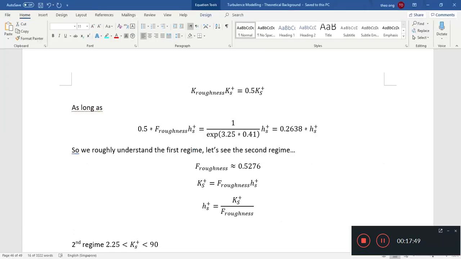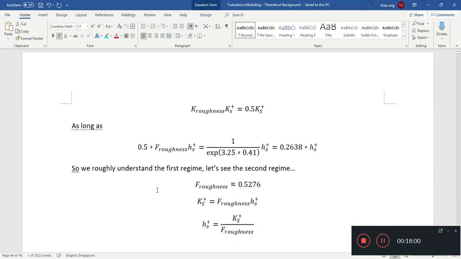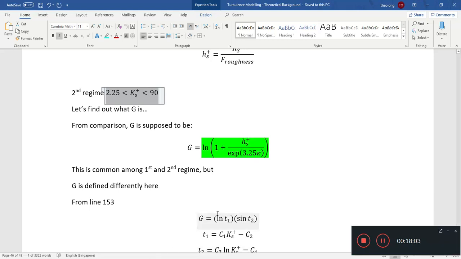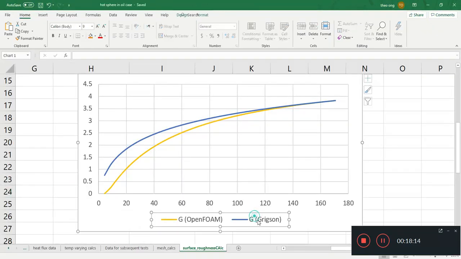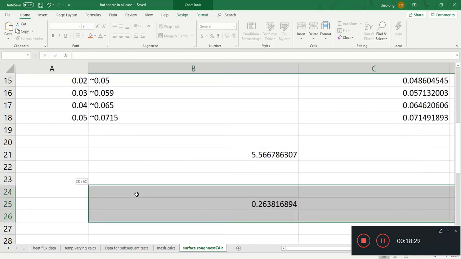So this Grigson G tends to 0 at Hs plus equals 0, because when Hs plus equals 0 here, this whole expression just becomes the logarithm of 1, and then it truly becomes 0. Whereas OpenFOAM separates it into 3 regimes, where Ks plus is less than 2.25, then we have the second regime and the third regime. So they have this differential in the beginning, which no matter how you change your roughness coefficients, won't really match because of this offset. The G of Grigson will always be non-zero at this point, and the OpenFOAM G is actually 0 at Ks plus equals 2.25.